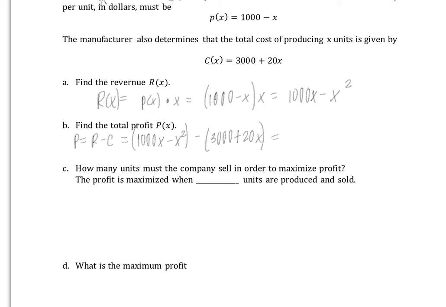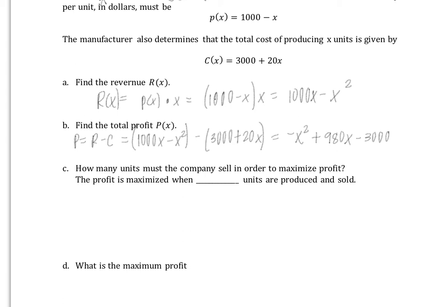And once we combine like terms, we get negative x squared plus 980x minus 3,000.